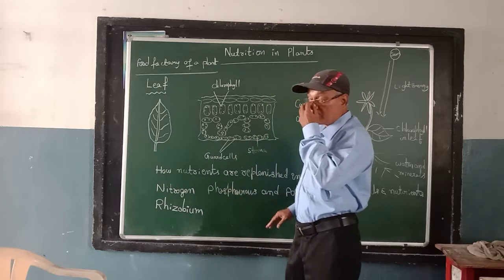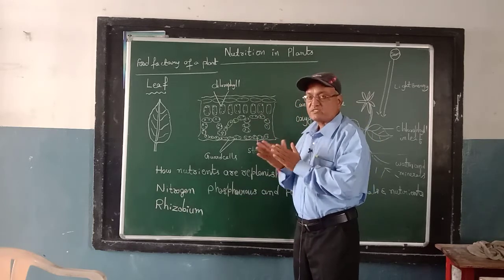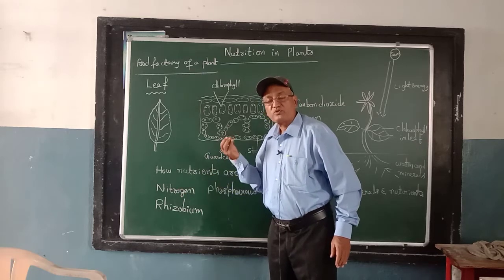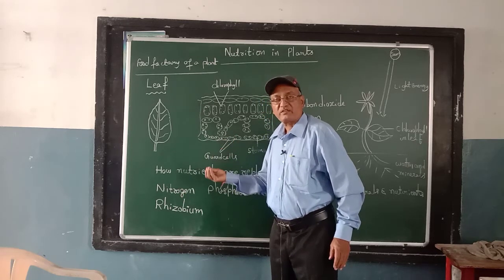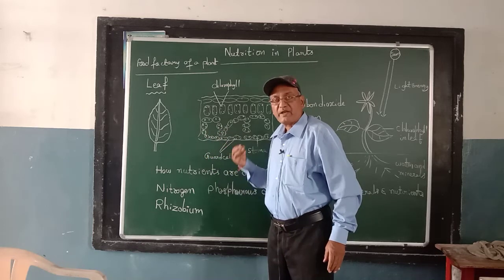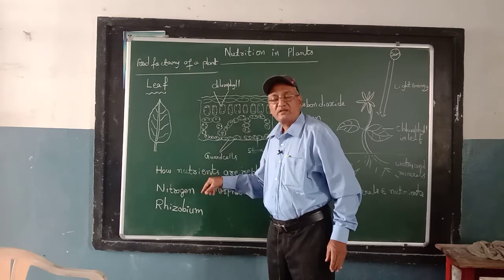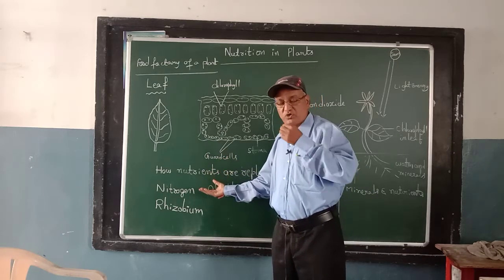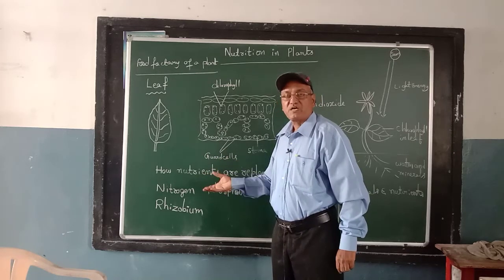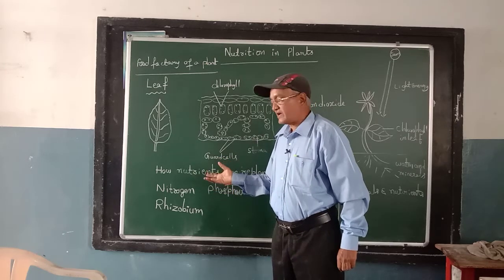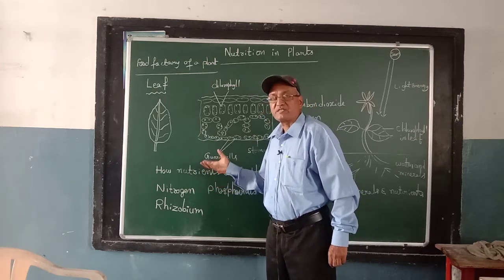Now these bacteria present in the roots of the plants won't prepare the food which is required for them. They get food from the plants in which they are living. The plants and the bacterium rhizobium, or any other bacterium living together, have a symbiotic relationship.